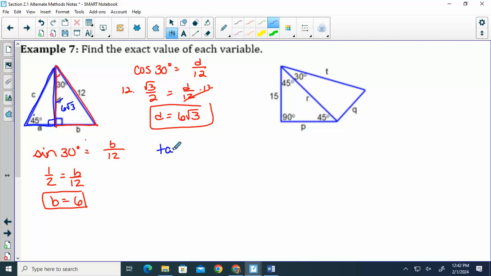So I could say the tangent of 45 degrees equals my opposite side, 6 radical 3, divided by my adjacent side, which was A. What is the tangent of 45? Square root of 2 divided by the square root of 2, which is 1.